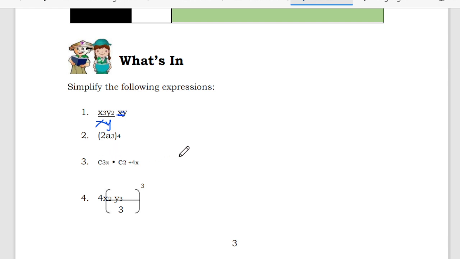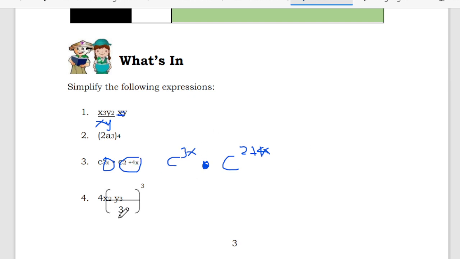This must be written this way: c raised to 3x times another c raised to 2 plus 4x. So it should be like that. This is the exponent, 3x, and this one should be up above.